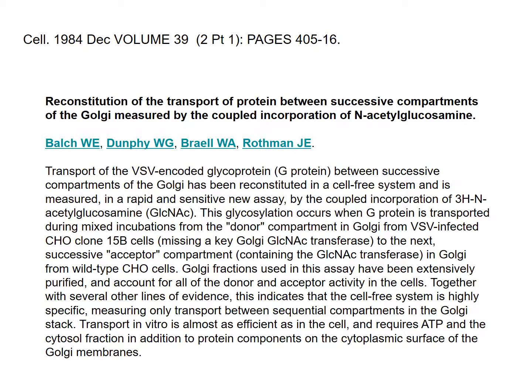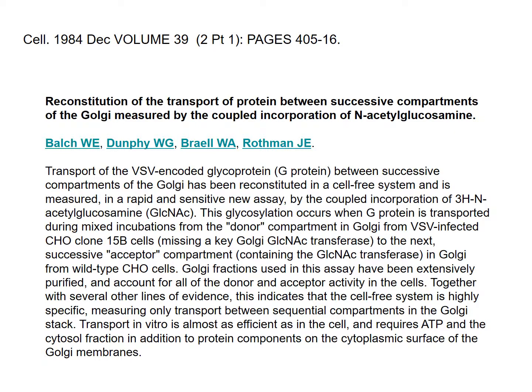But needless to say, they were able to actually isolate all the Golgi stacks by fractionation. And so now we were making a cell-free system that had basically a cell-free Golgi apparatus, and we could measure the movement through that.